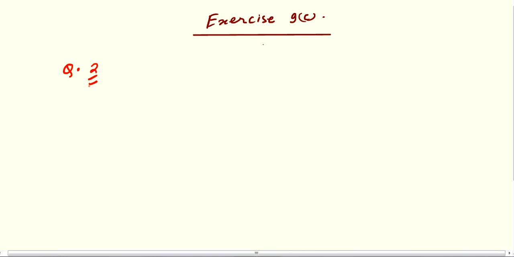For example, if you are having 678, and that is the third question from the second. To check whether the given number is divisible by 4 or not, you have to pick the last two digits. So in 678, the last two digits are 78, and you have to divide that by 4.